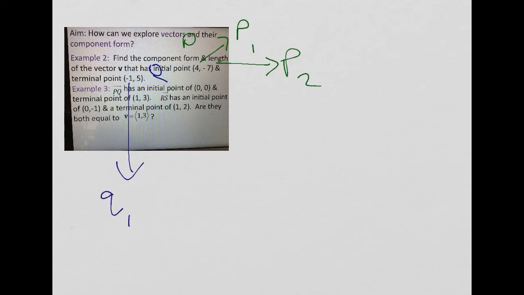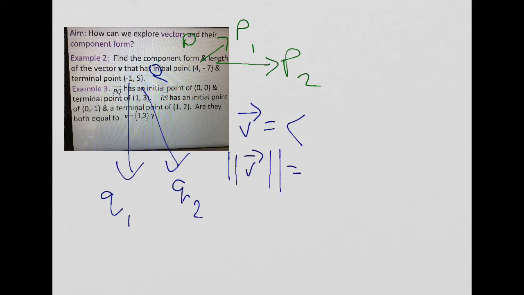And the terminal point is the same thing as point Q, Q sub 1 and Q sub 2. We want to find vector v in component form and then its length.